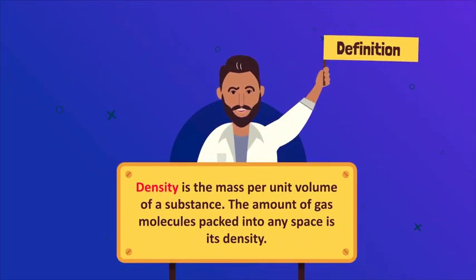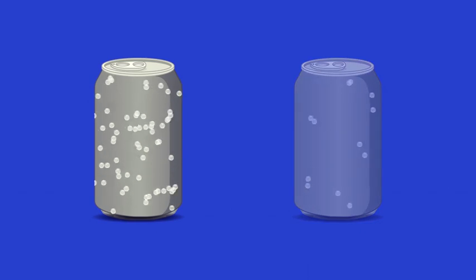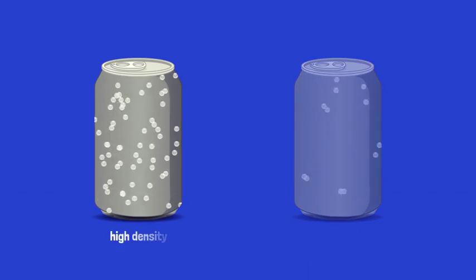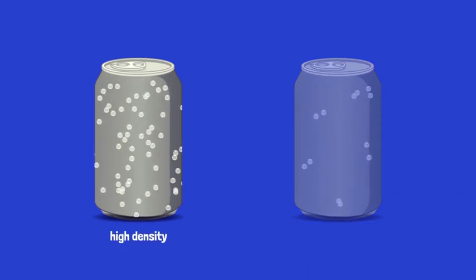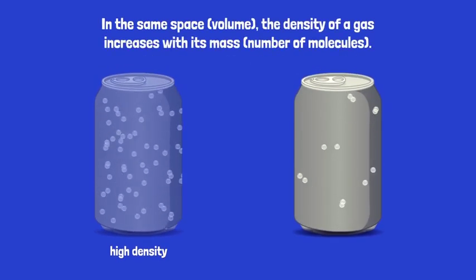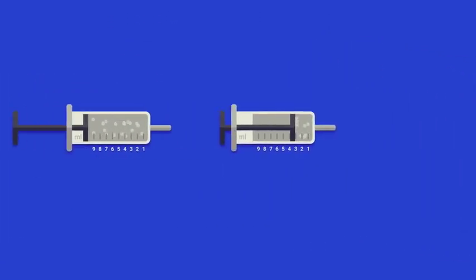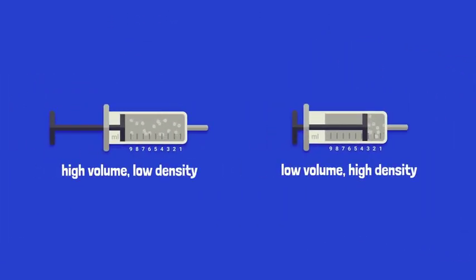The amount of gas molecules packed into any space gives the density of that gas. If there is a large amount of gas packed into a small space, its density is considered high. If a smaller number of molecules are packed in the same space, its density is considered low. The density of gases changes with changes in pressure and temperature.